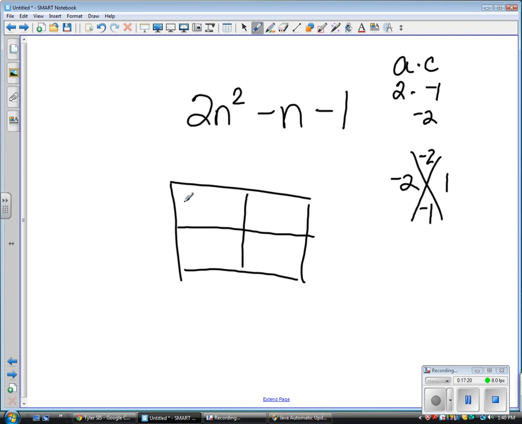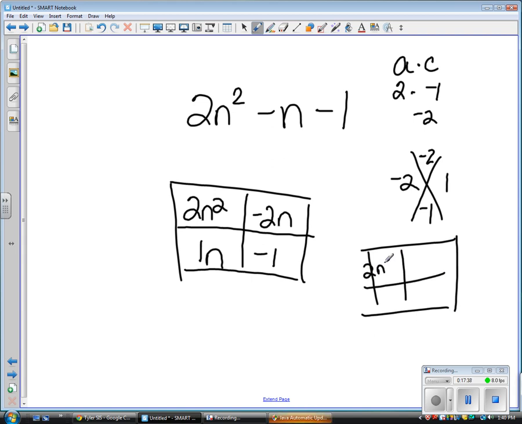Alright, there's my box. You could have had this box as well. I was a little bit out of my box, sorry. You could have had that one as well. So either box would have worked. Okay? Any questions on the box?